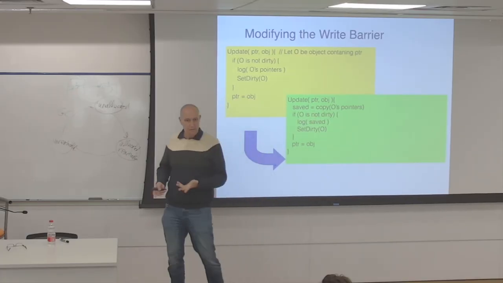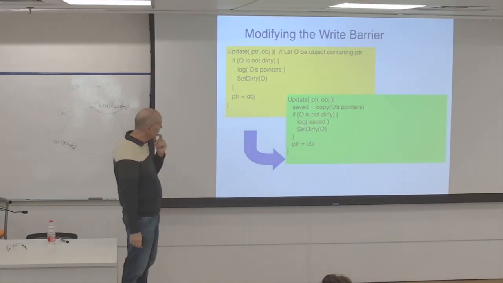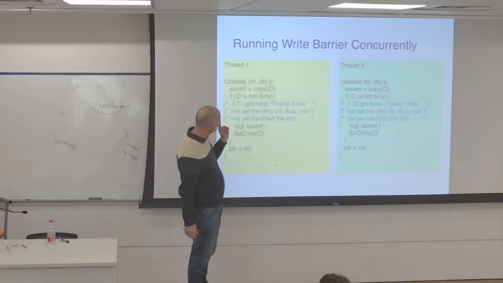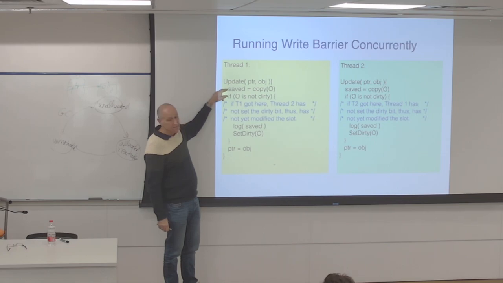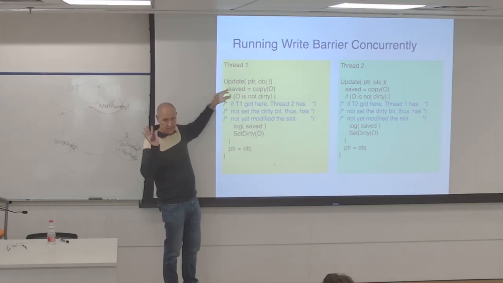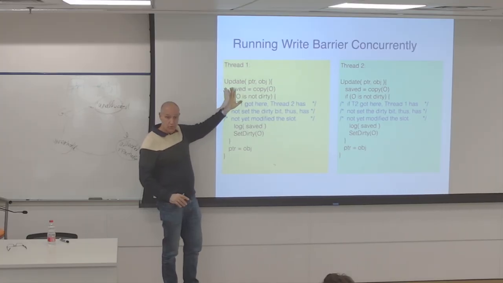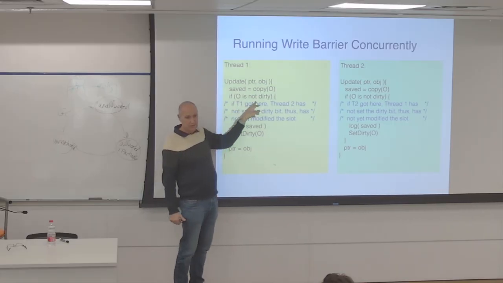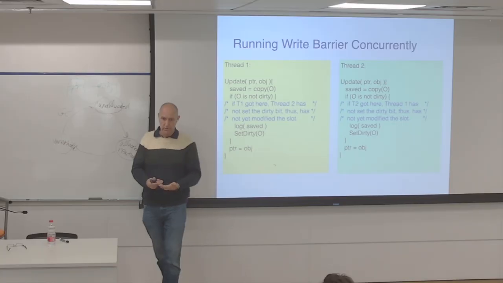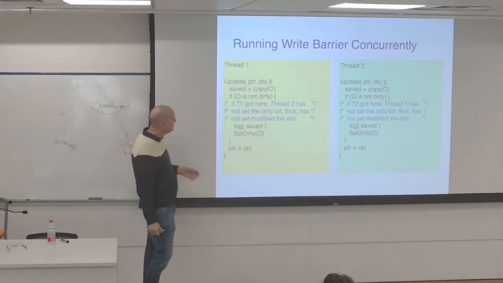Why is it good? Let's look at these two threads executing this. It's the same naive write barrier, except that I get the pointers of the object before I check if it's dirty. That's all the difference. And we'll see that it works well. So why does it work well? Suppose two threads find it not dirty and want to log the pointers of this object.